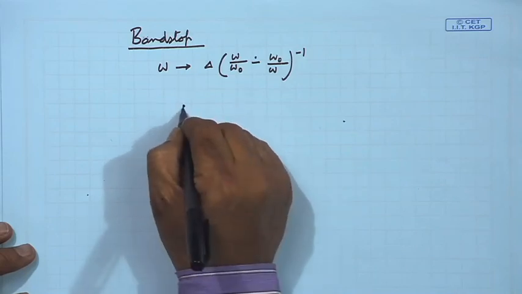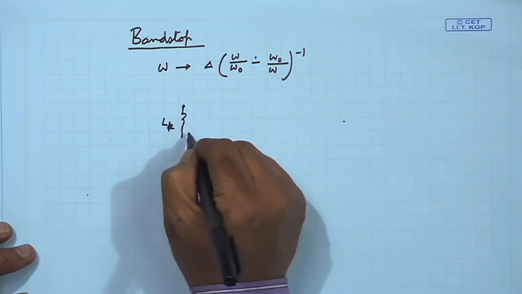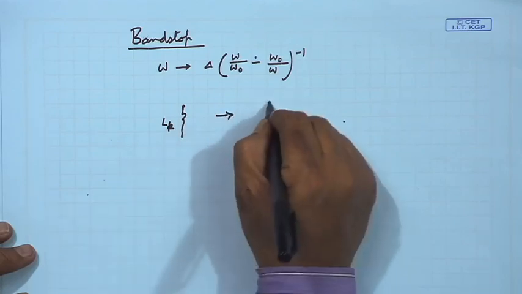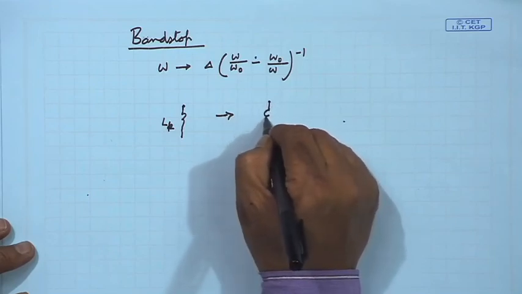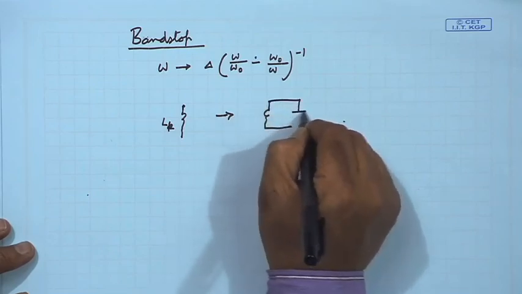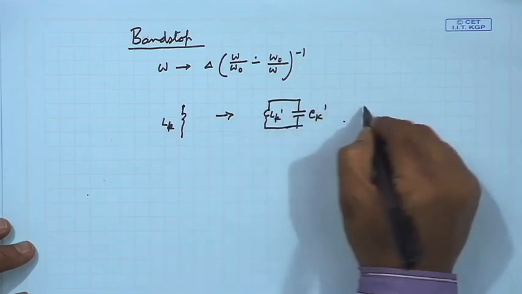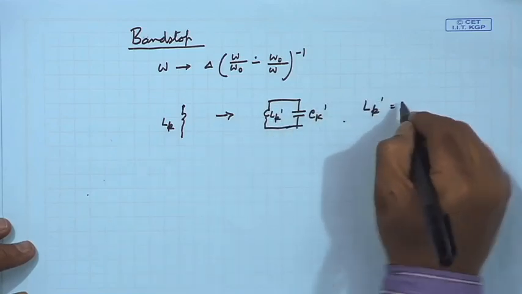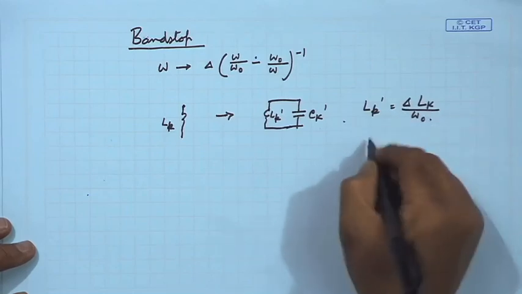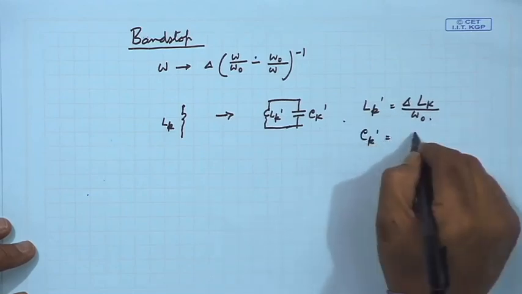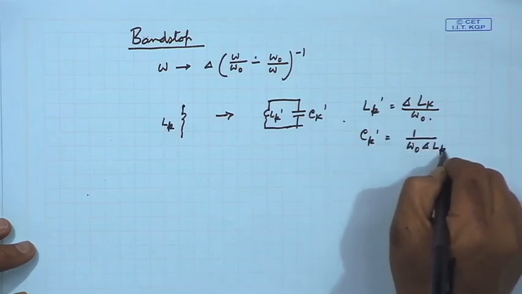And there, if you have an Lk, that will be changed to a parallel resonance circuit with Lk dashed and Ck dashed, where Lk dashed will be delta Lk by omega naught, and Ck dashed is equal to 1 by omega naught delta Lk.